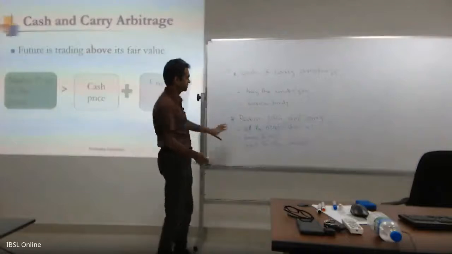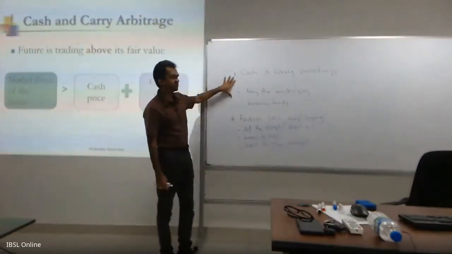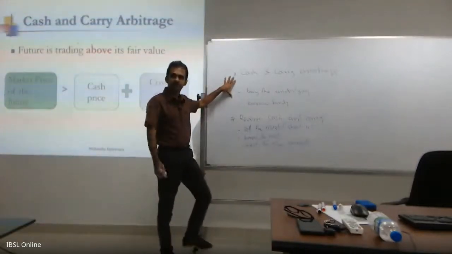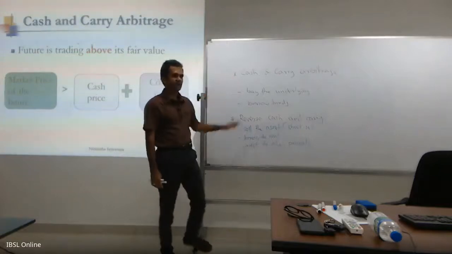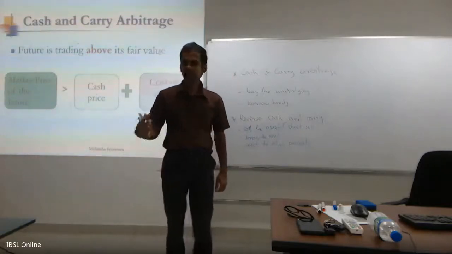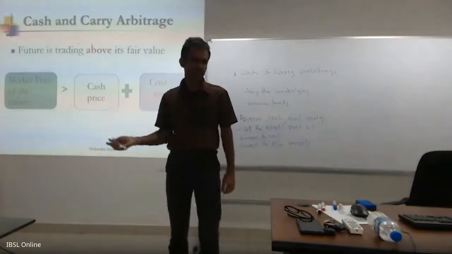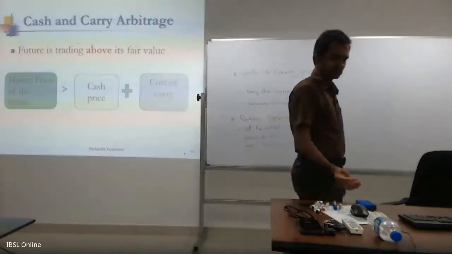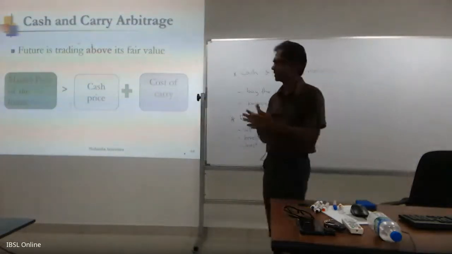That strategy is called reverse cash and carry. The other one, buy the asset and hold it, is the cash and carry arbitrage. We discussed this, but I didn't mention these two names at that time.